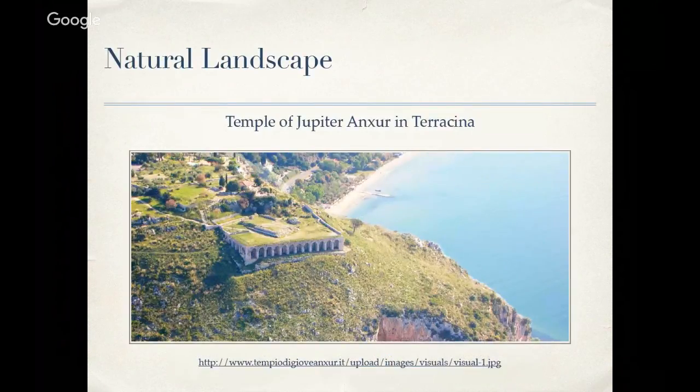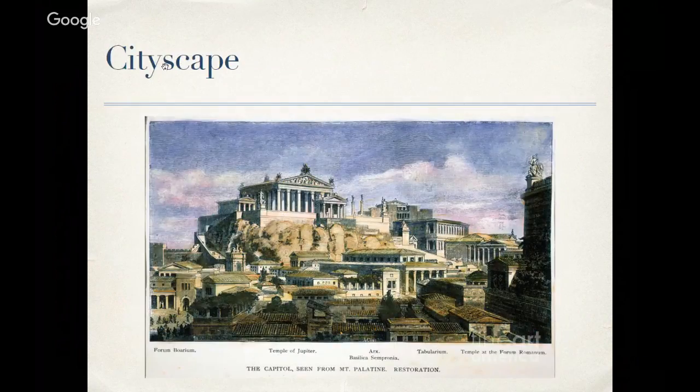And also thanks to 3D modeling, when used, for example, in combination with GIS or landscape modeling, we can also investigate the interaction between the built environment, the human-made environment, and the landscape, like in this wonderful example of the temple of Jupiter Anxur in Terracina, or the interaction between various buildings in the cityscape if we widen our scope a little bit.